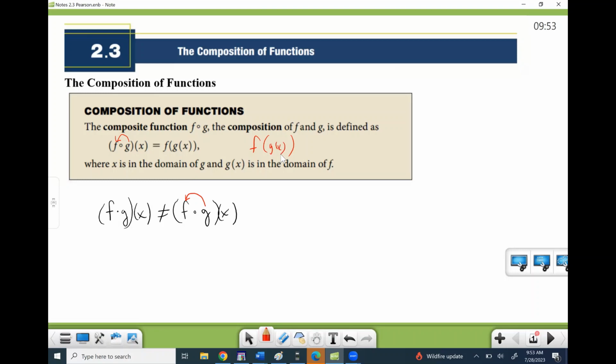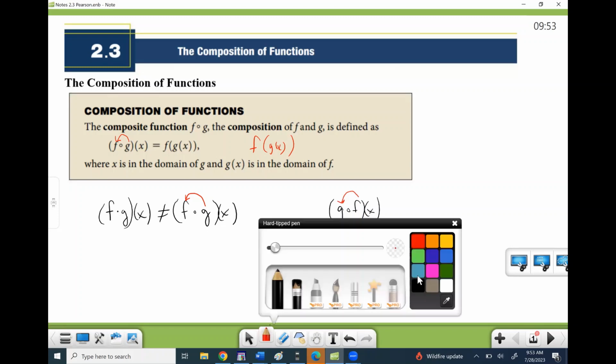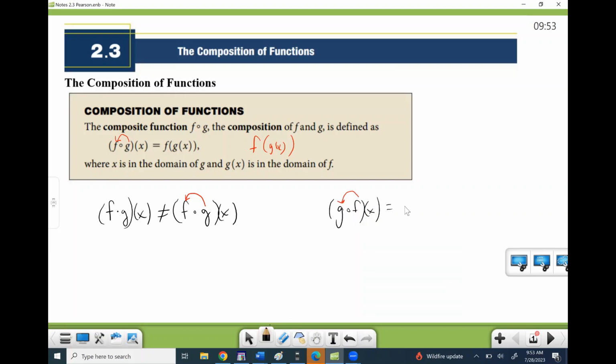It's not always g inside of f. If they wrote this the other way around, which they quite often will, g composed f of x, then f, since it's on the right, would get substituted into g. So think of here's my g of x, and what I'm going to substitute in for the x is f of x, another function.